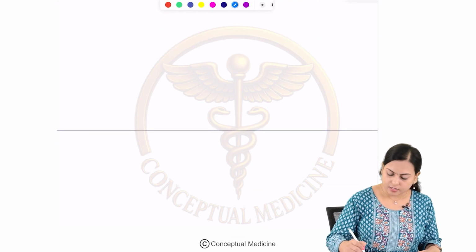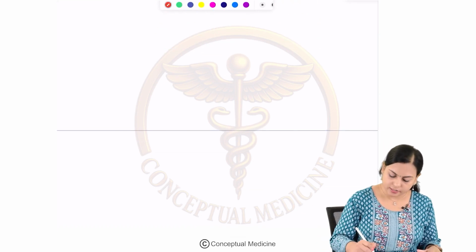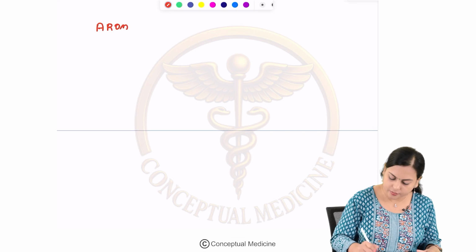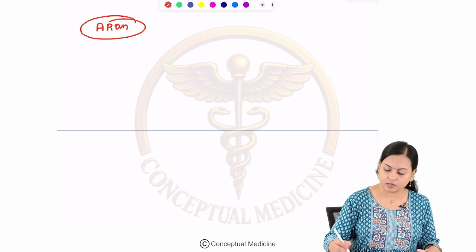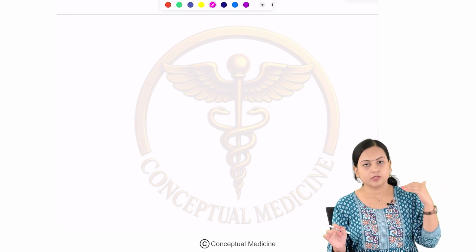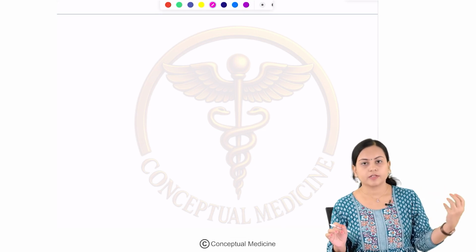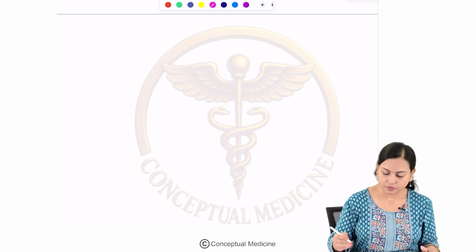Yes. And we have to know about artificial rupturing of membranes also, which is another method of augmentation of labor. See, so mostly it is performed for augmentation, especially when the progression of labor is very slow. Okay.